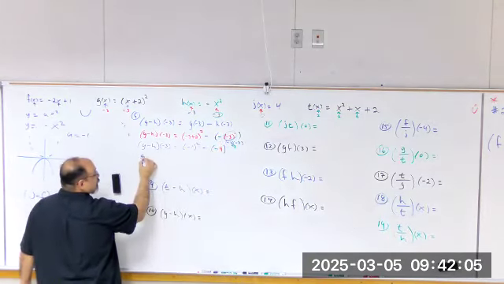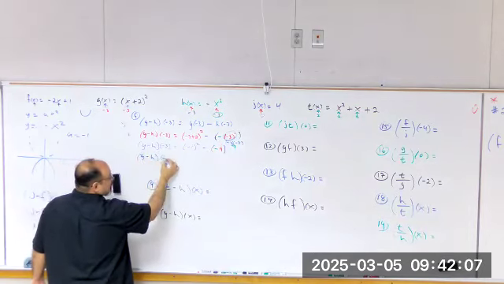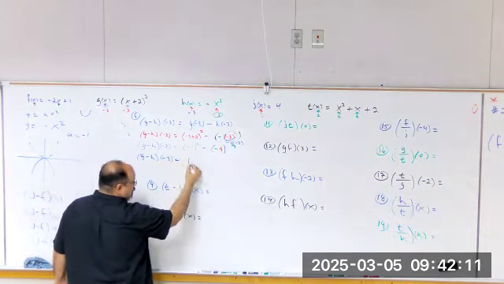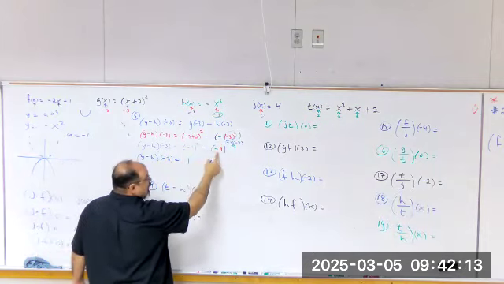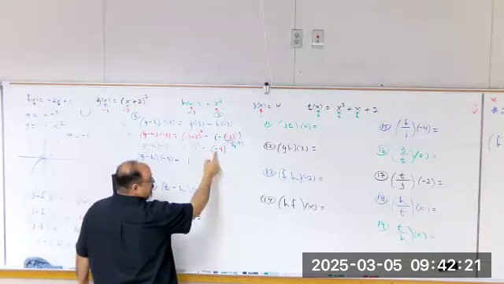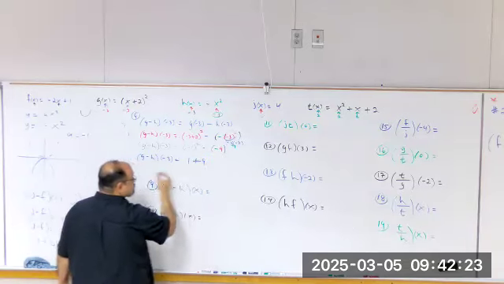But now, what is this negative one's worth? That's positive 1. Now I'm going to subtract -9. What happens here? The negative 9. Minus -9 becomes +9.